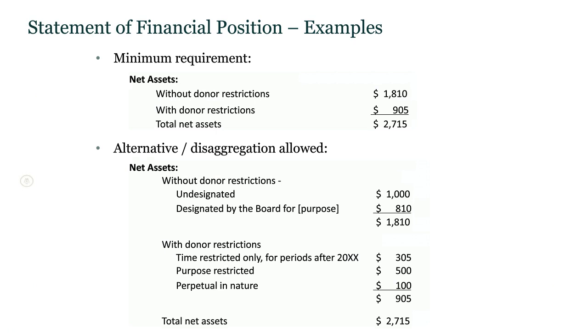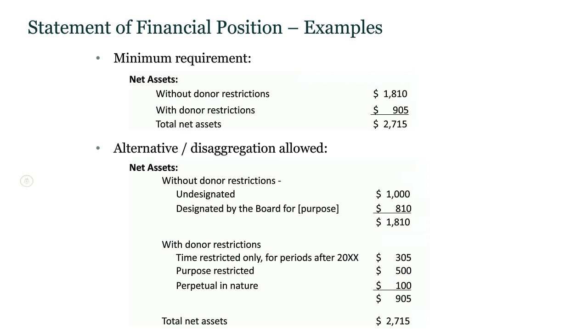Here are a couple examples of the presentation of the two classes of net assets on the Statement of Financial Position. You will see that the top section shows the minimum requirement, breaking out net assets by without donor and with donor restrictions.